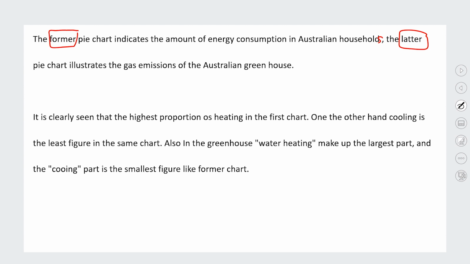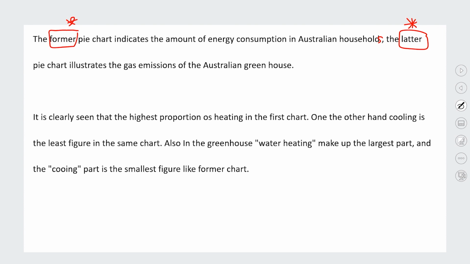You need to have a sentence referring to the pie charts first, so you can't really use former and latter here in this situation. If I was going to give an example of how to use former and latter, it's a way of referring to 2 things you said in a previous sentence.